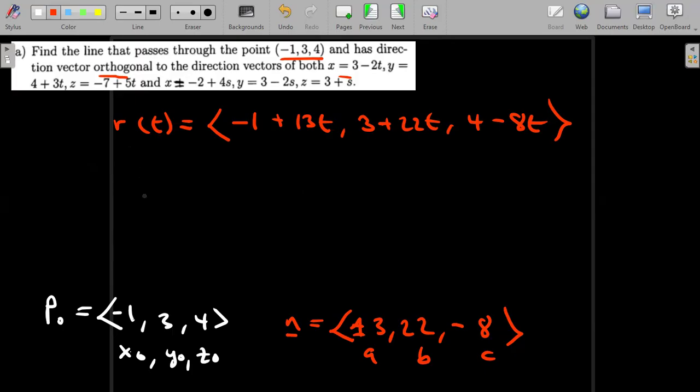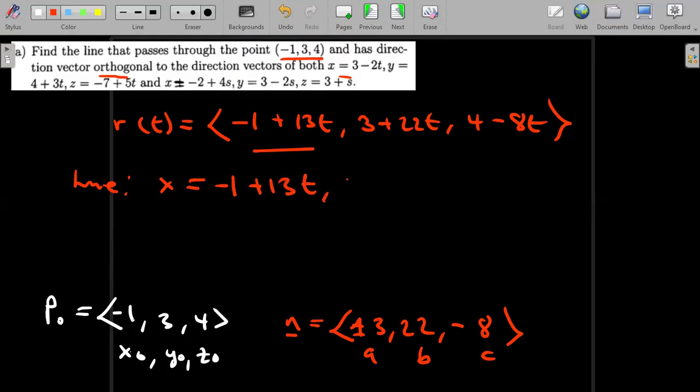Now because they're saying we should find the line that passes through, we must describe this line by its parametric equation, and that is going to be written as follows. The first one represents the x value, so x is negative 1 plus 13t.